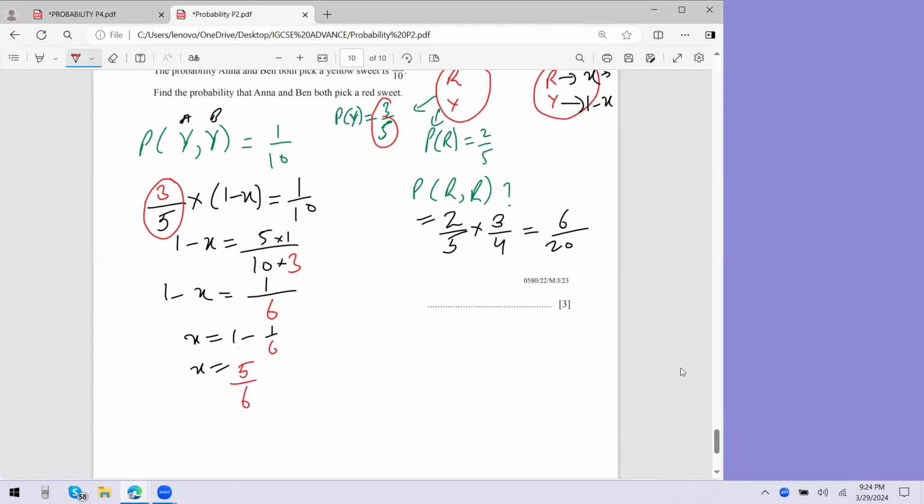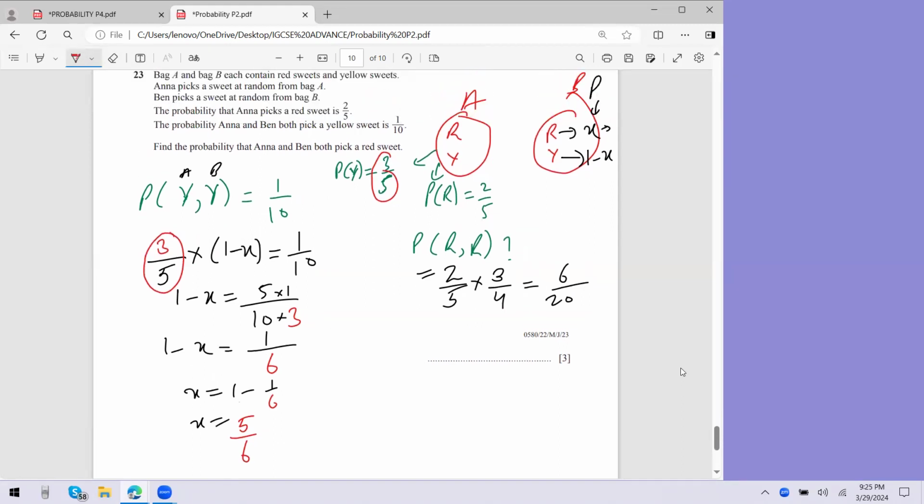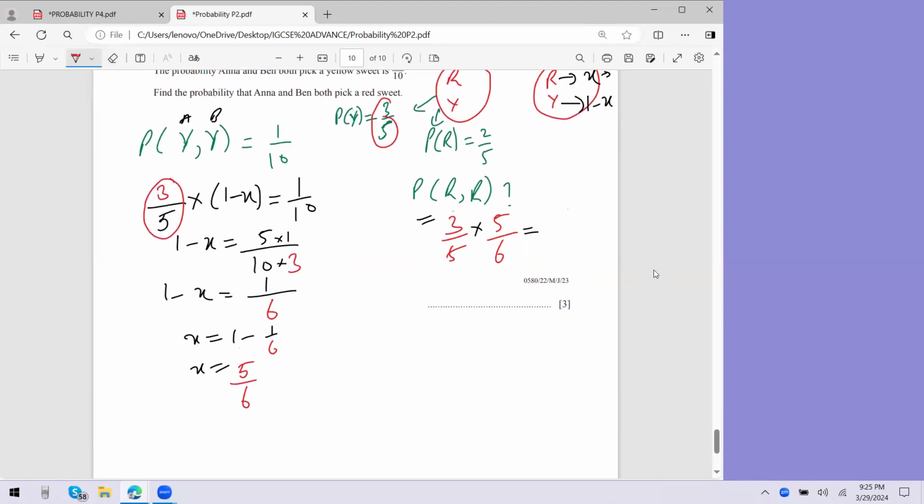Okay. 1 minus 1 by 6, x is equal to 5 by 6. And then first being grade 3 by 5, second being grade is 5 by 6. Okay, good. It is 3 by 6.